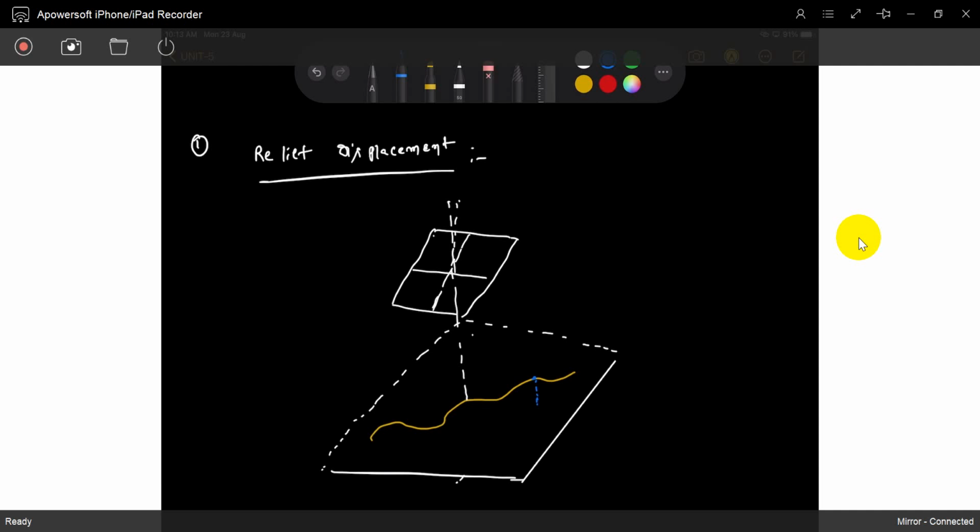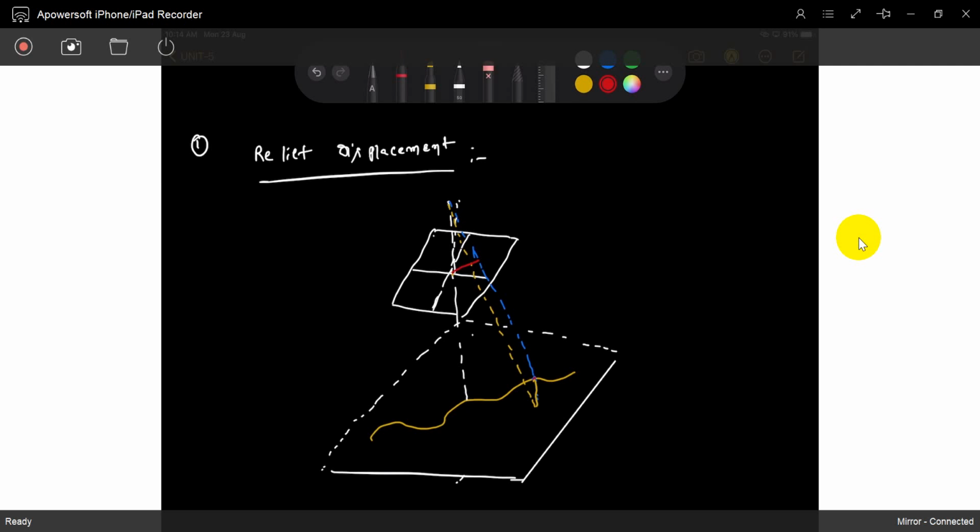If you capture a photograph, see what will happen: the top point and bottom point will both be captured on the photograph. Now you can observe this is the same element, one building.